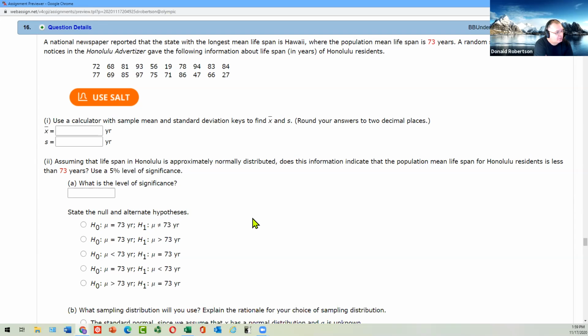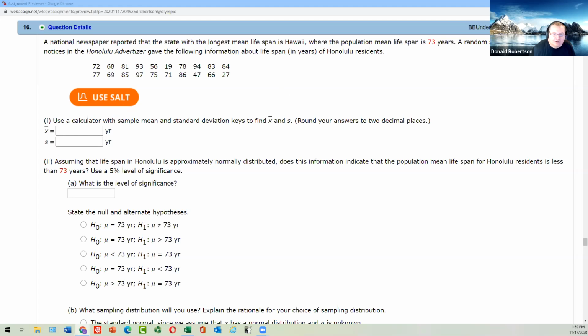And 73 years, that's not actually that good. A random sample of 20 obituary notices in the Honolulu Advertiser gave this: John Smith died at 83, blah, blah, right? And we need to get the two numbers, the mean and standard deviation.